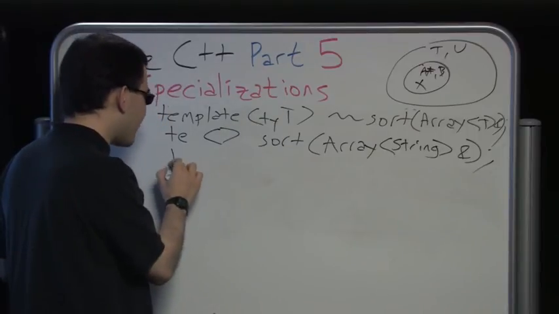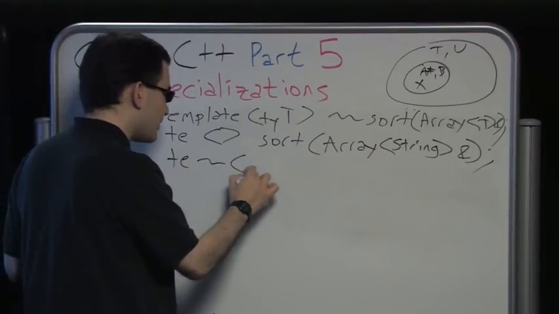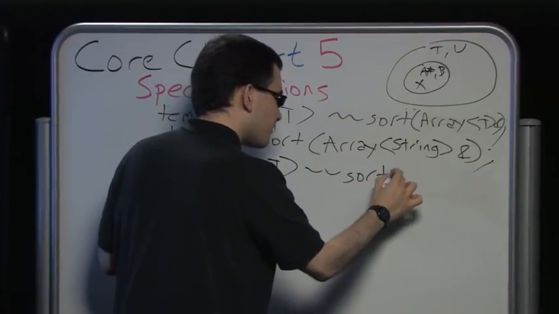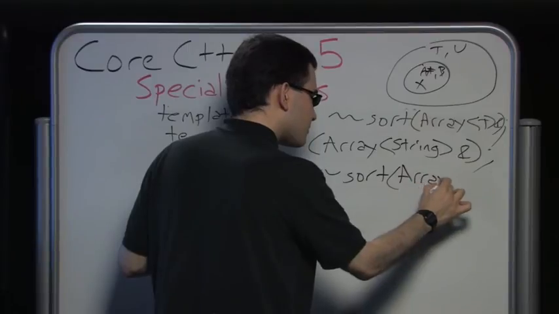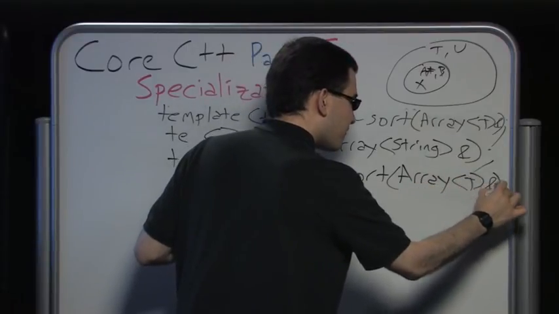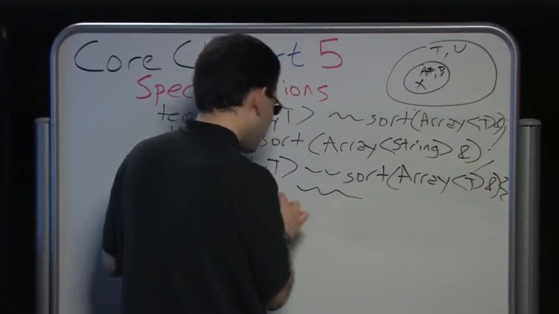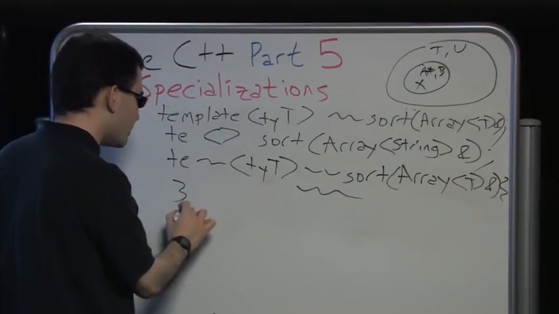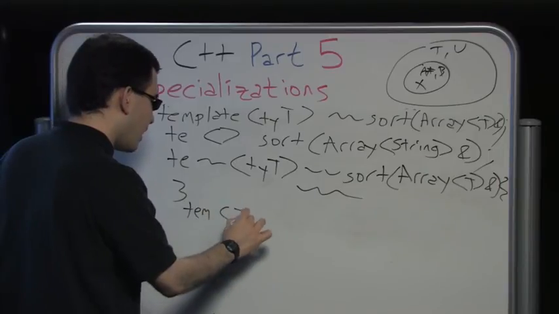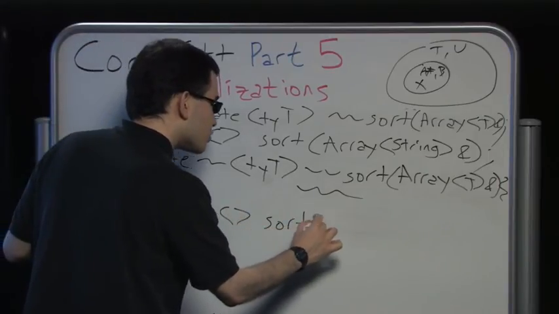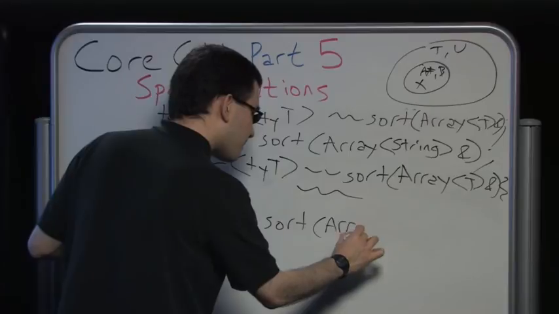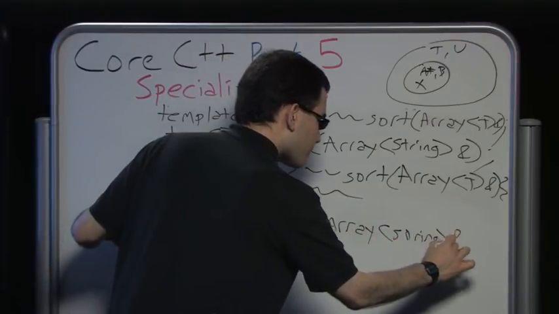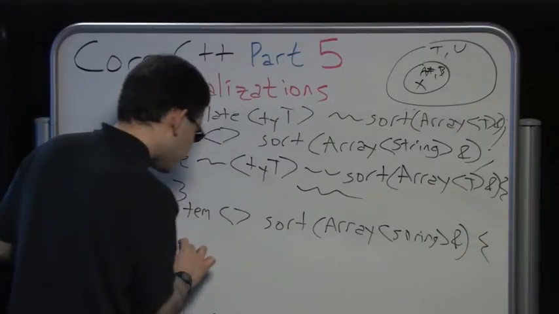So I could then define by saying template on typename T, void sort for array of T ref, and then go do cool things, close brace, and then go define the explicit specialization, template on empty angle brackets, sort for array of string ref, and then actually define it.